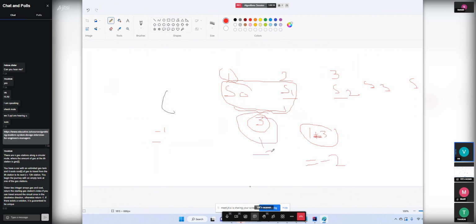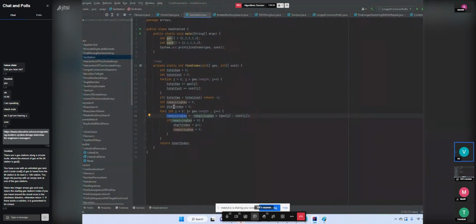So minus 2. Anyway, if we get less than 0, then there is no point in considering station 0 as a starting station. Then what we do, we reinitialize all the values again.